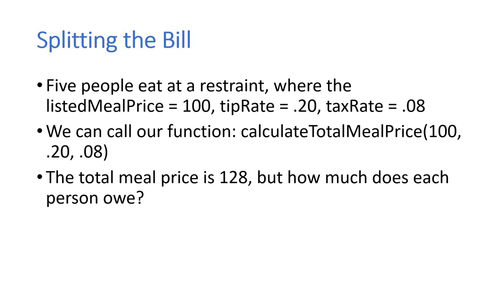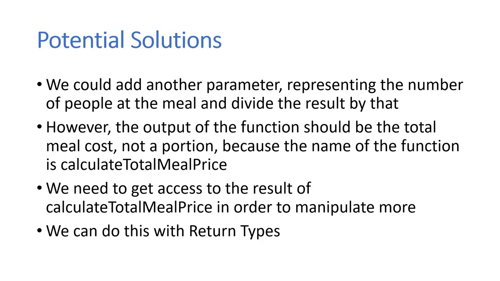128, and that would get printed out to the console. Now what if we wanted to split the bill among me and my friends? The total meal cost is 128, but I want to know what each person owes on the bill. We could add a parameter to our function that represents the number of people at the meal and divide the final result by that number.